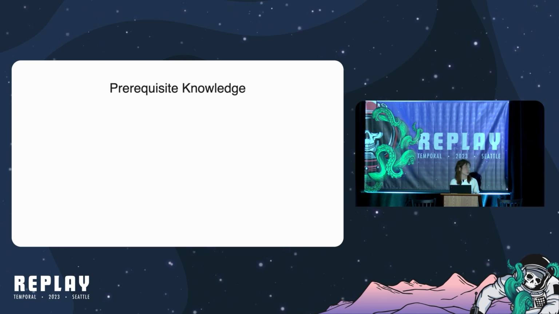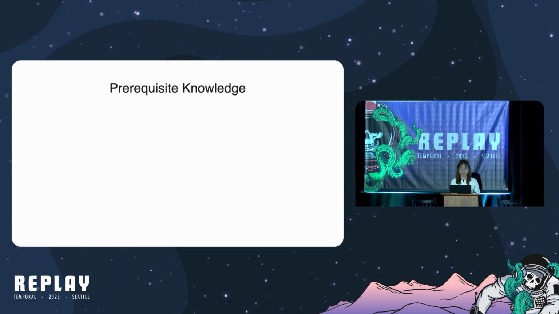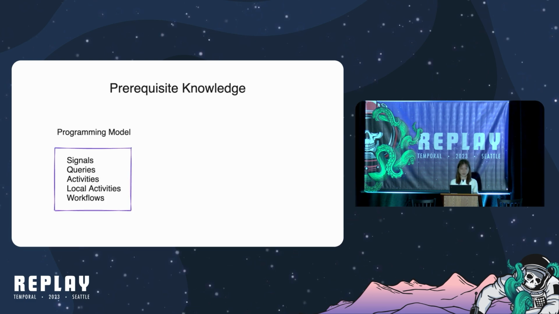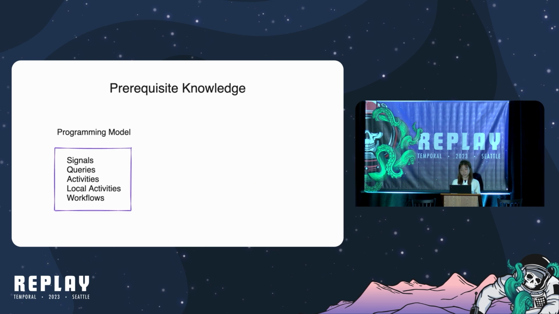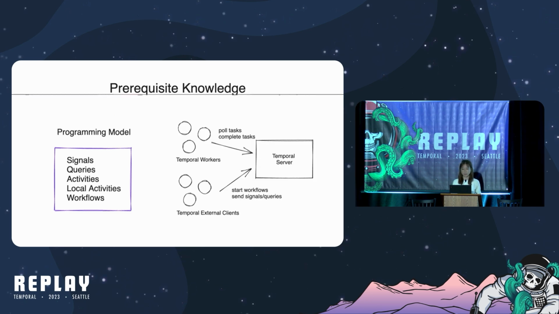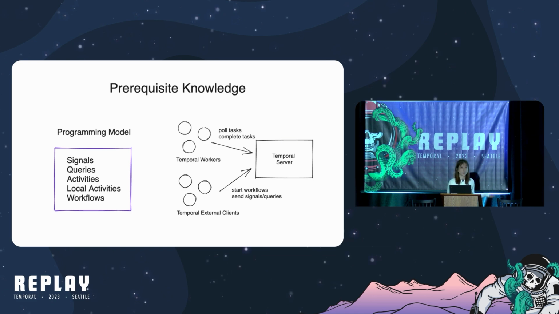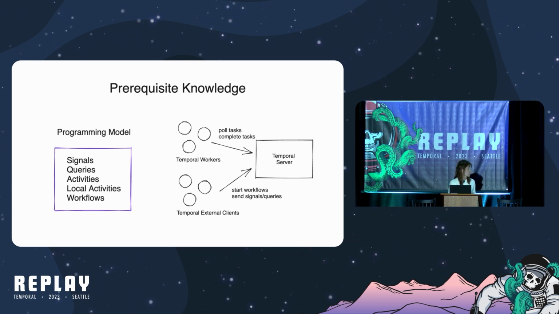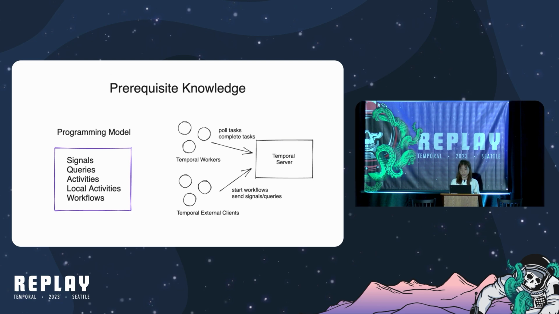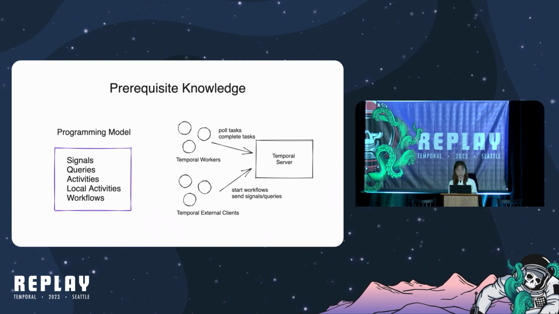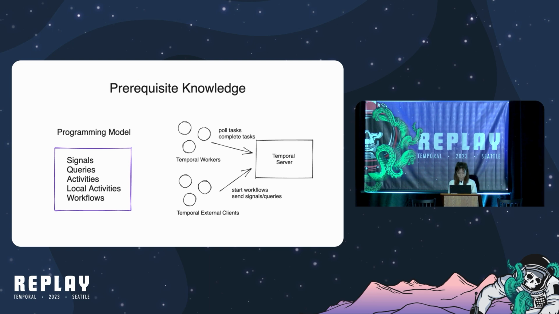I assume we all have the basic knowledge of the programming model of Temporal, the primitives like workflows, activities, signals, and queries. And I also assume we understand the architecture of the Temporal system, the three basic roles: Temporal Cloud, Temporal Workers, and external Temporal clients to start workflows and send signals.